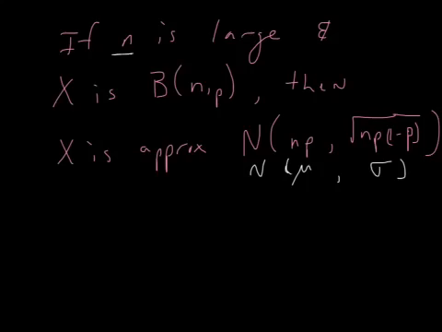If your N, the size of your sample, is large enough and X is binomial, following a binomial distribution with N and P, where X is our random variable, the number of left-handed people, then X is approximately normal, with a mean of N times P, that's our formula for the mean of a binomial, and a standard deviation of course of the square root of NP times 1 minus P. So, can we use this?